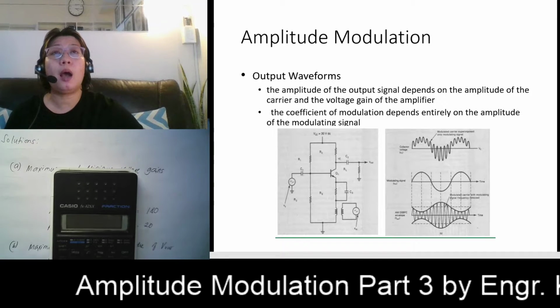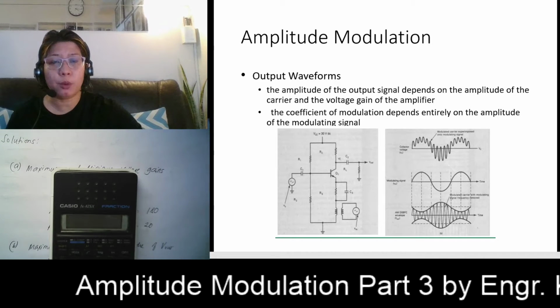So this serves as your coupling capacitor, and it cuts away your modulating frequency at the output. At the output, what we can see are just three frequencies. What are the three frequencies available here?